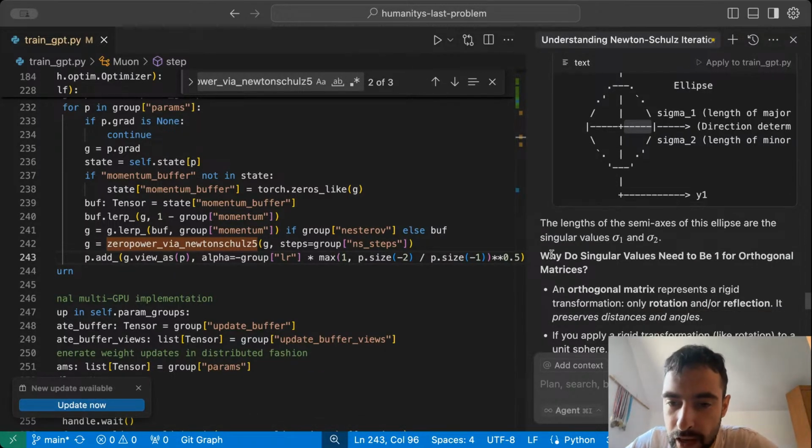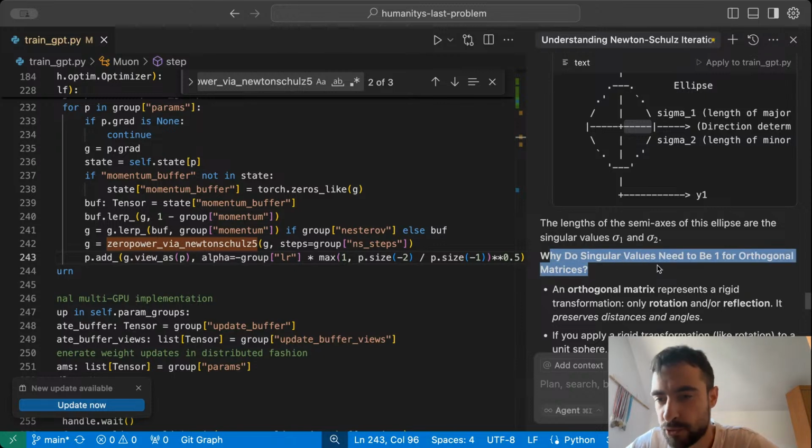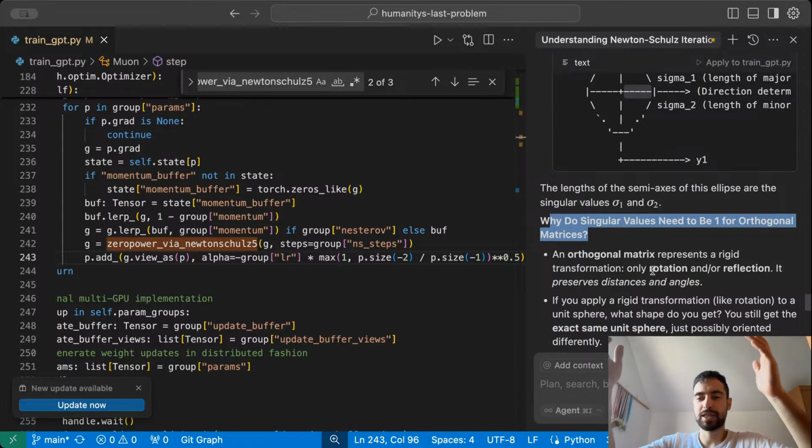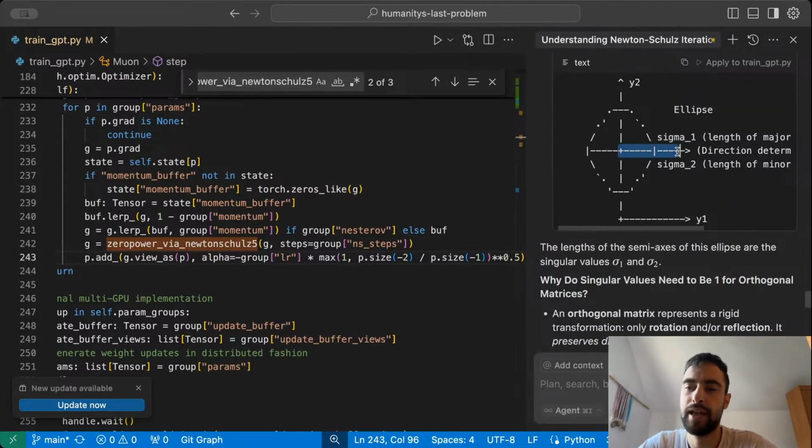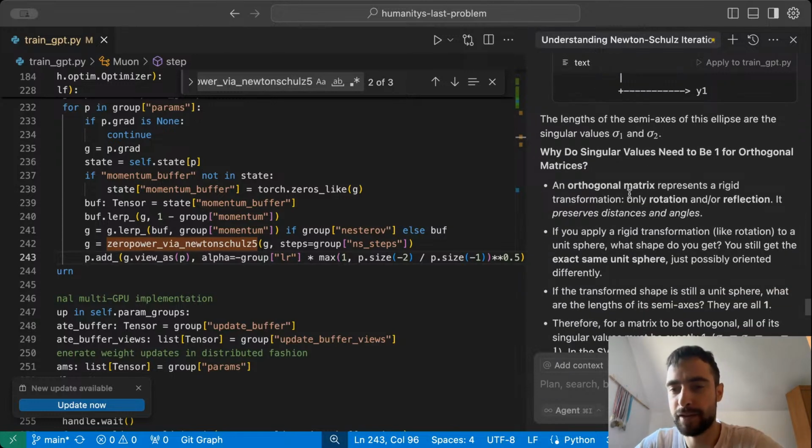Okay. Why do singular values need to be 1 for orthogonal matrices? I still don't know what a singular value decomposition is. So I guess singular values are the vector on x-axis and the vector on y-axis. I'm guessing that's what singular values are.